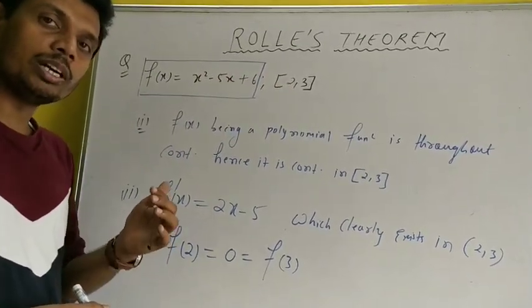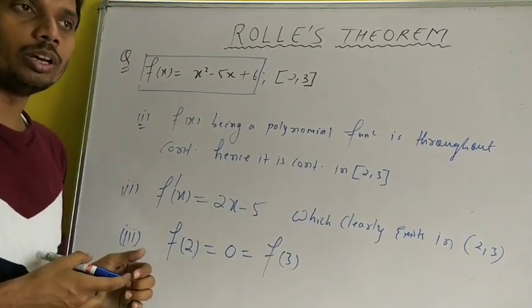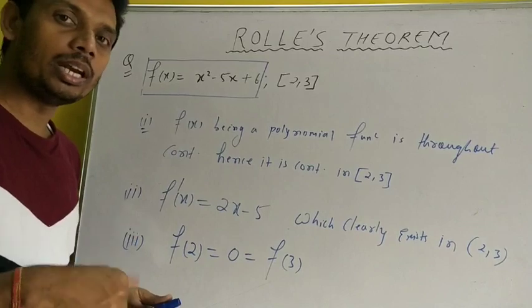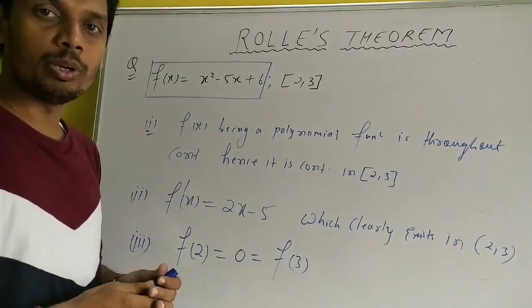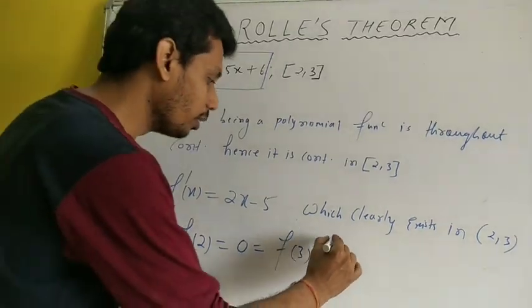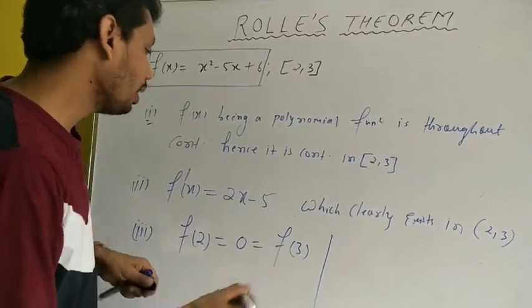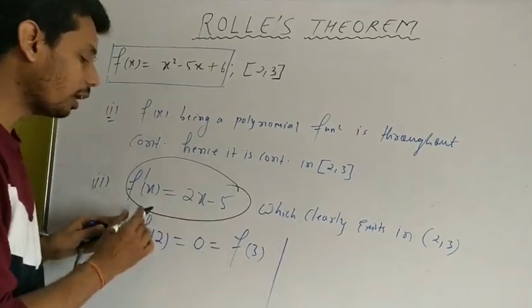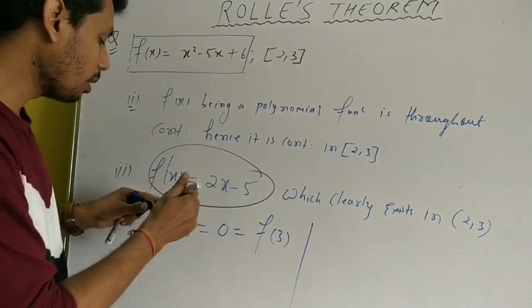So now we will determine the value c in such a manner that f dash c is equal to 0, and then we'll see whether the obtained value of c is a member of the open interval a comma b or not. Now see, f dash c is equal to 0. This is our f dash x, so f dash c will be equal to 2c minus 5.